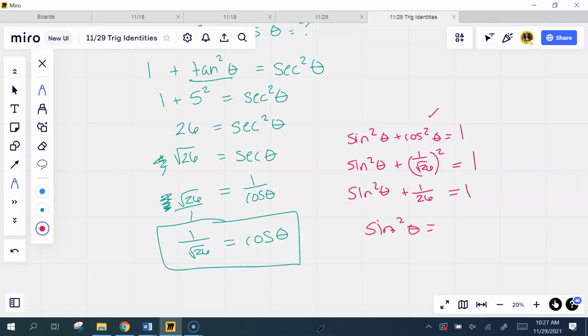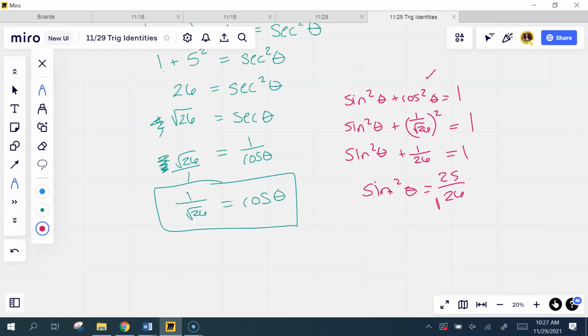If I subtract 1 over 26, that leaves me with what? 25 over 26. That's still not sine theta. What do I have to do? Square root? That's exactly right. Did anybody look at this and think of a different way?